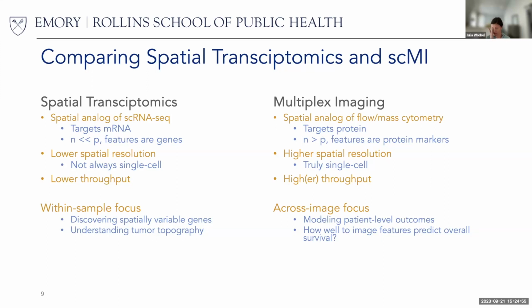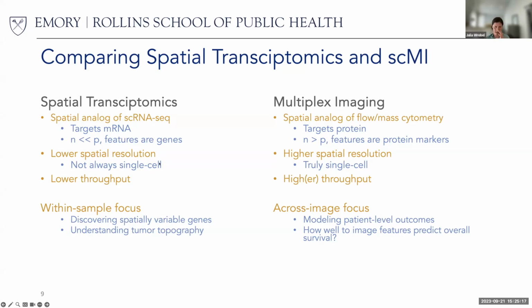For that reason, spatial transcriptomics is often focused on dimension reduction, but for multiplex imaging, that's not really a step that's required. However, multiplex imaging has some advantages that spatial transcriptomics doesn't. For example, it's typically much higher resolution. It's truly single cell. You can see individual cells in the image.